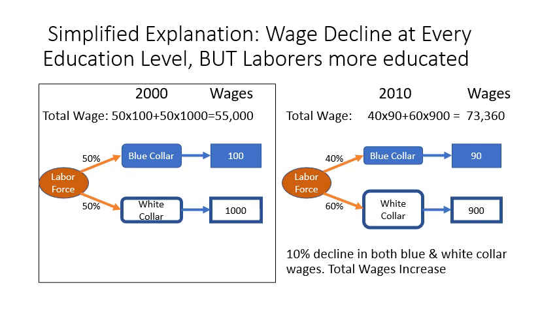And suppose that wages in each sector have been declining by 10%. So instead of 100, blue collar workers are earning only 90, and white collar workers are only earning 900. Then the total wages come out to be 73,360, which is much larger than 55,000.